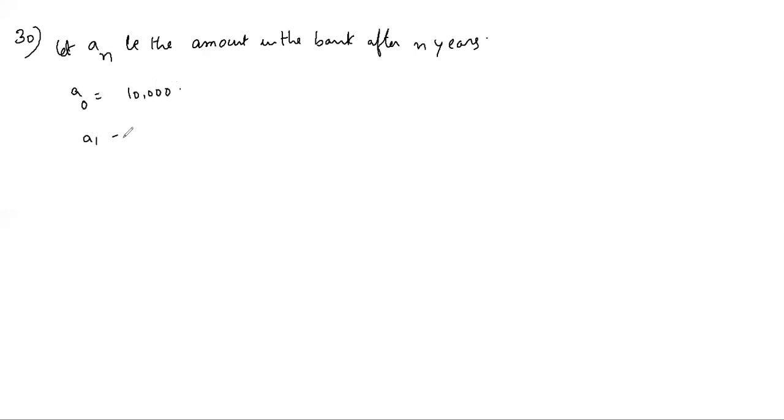So after 1 year you have to add 5% simple interest. So 10,000 plus 5 by 100 into 10,000. So 10,000 plus 500, 10,500. Next, A2.